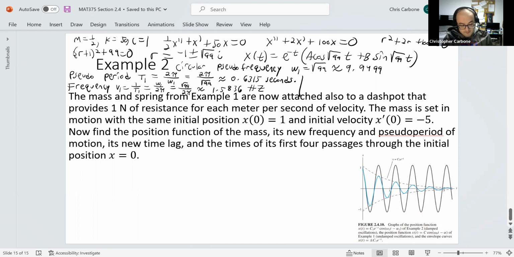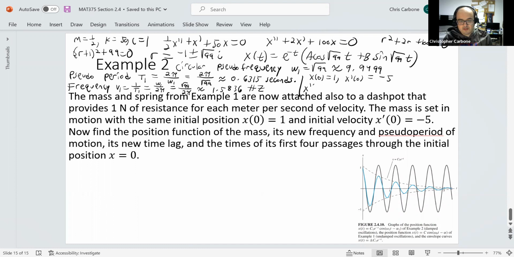So from that, using our initial conditions, x of 0 is equal to 1 and x prime of 0 is equal to -5 from example 1, which we also see on here too, this is going to give us that position function like what we got on example 1.